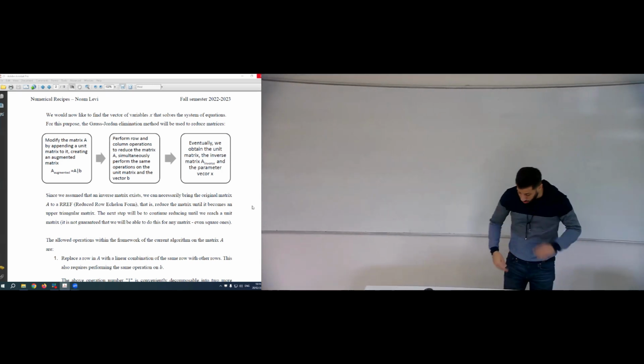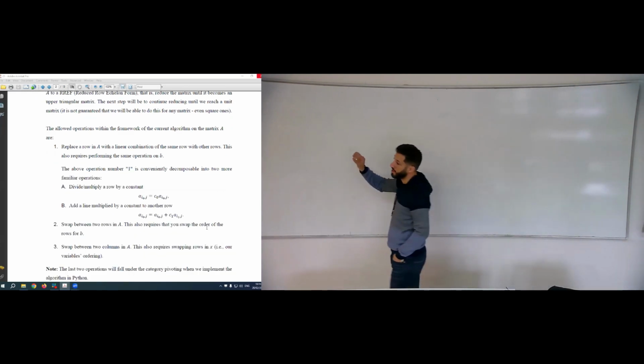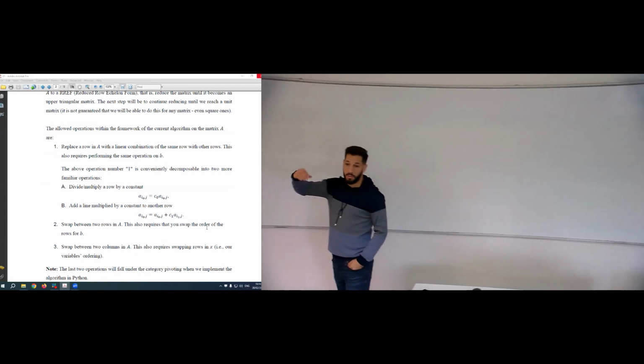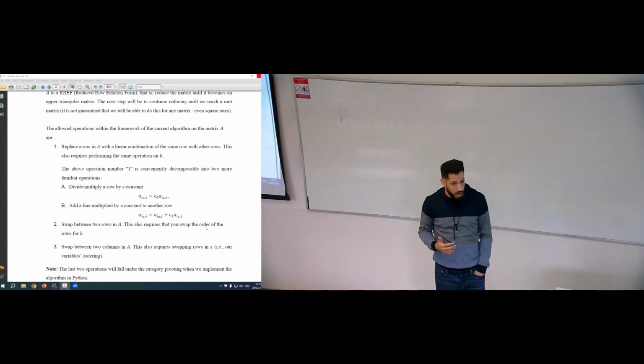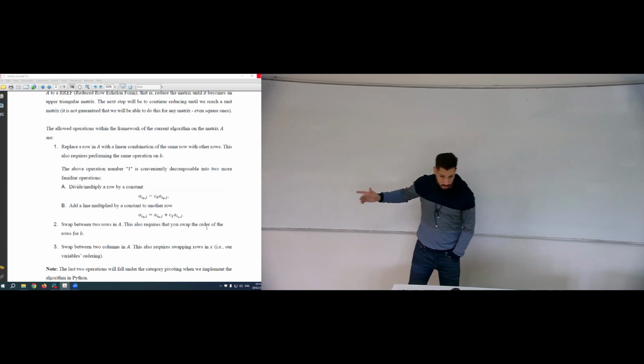And what are the operations that we are allowed to do? We can replace a row by itself multiplied by a non-zero number plus a linear combination of other rows.